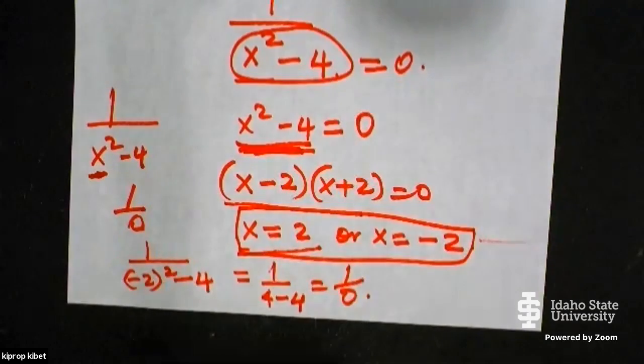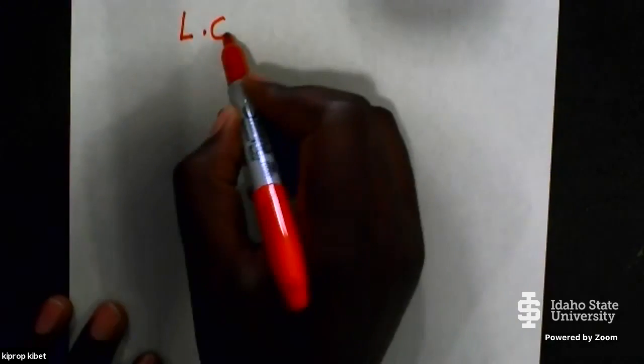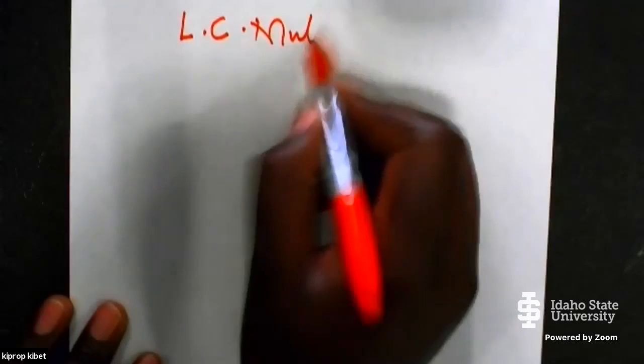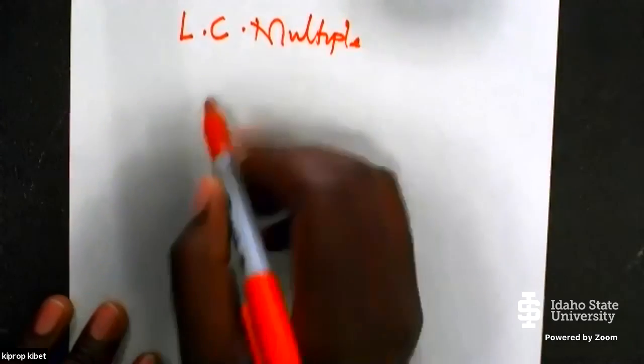Now let's come back to what you're supposed to do today. I have some of the examples there. First of all, let's look at the least common multiple.